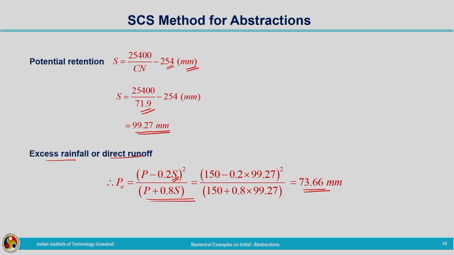So, here I have explained all the methods related to excess rainfall or direct runoff computation. The first two examples were related to gauged catchments, and the third and fourth examples can be utilized for ungauged catchments.